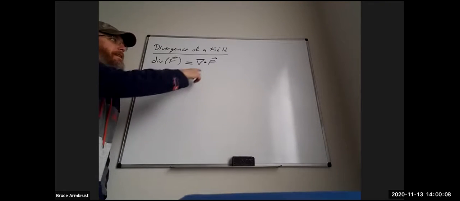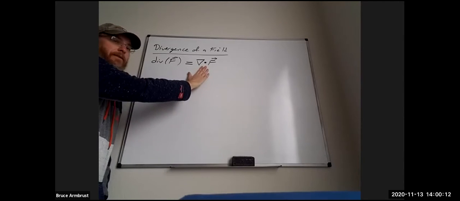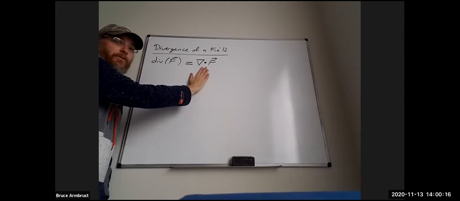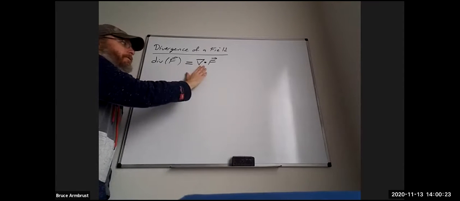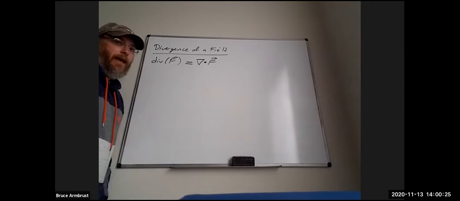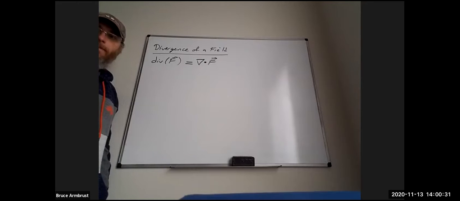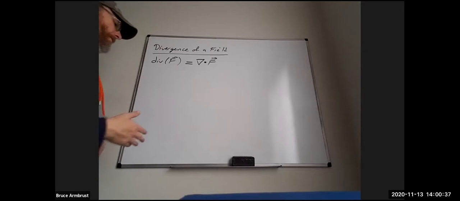If you ever see that, it means the same thing. I will try not to use this because it's really easy to confuse this notation with the gradient, so I will pretty much always write div. But if you ever see del dotted with f, it also means divergence. Okay, so this is the notation that tells you you're going to find divergence.